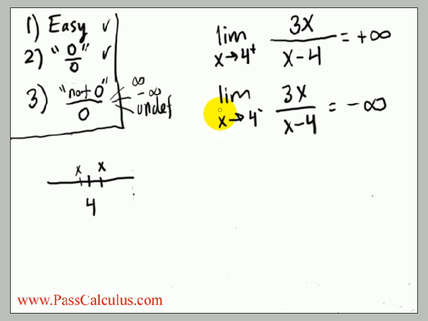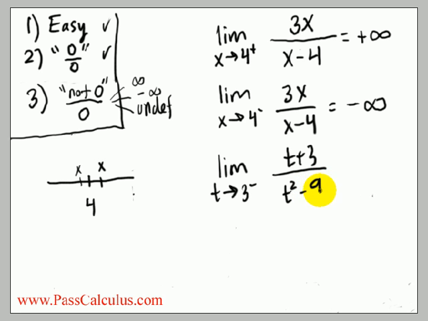How about something like this maybe? The limit as, well, let's use a different letter, t. The limit as t goes to 3 from the left-hand side of t plus 3 over t squared minus 9.